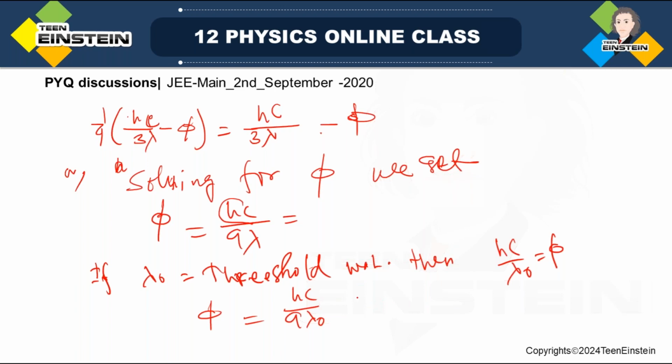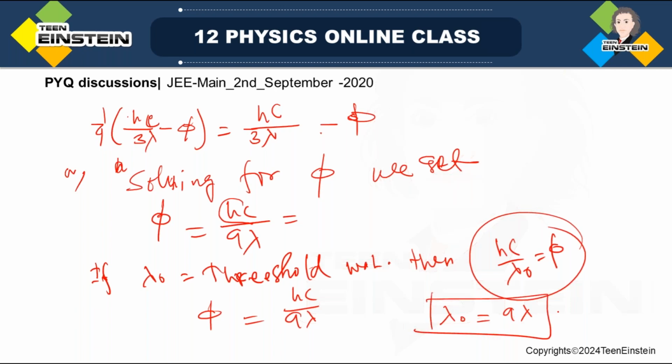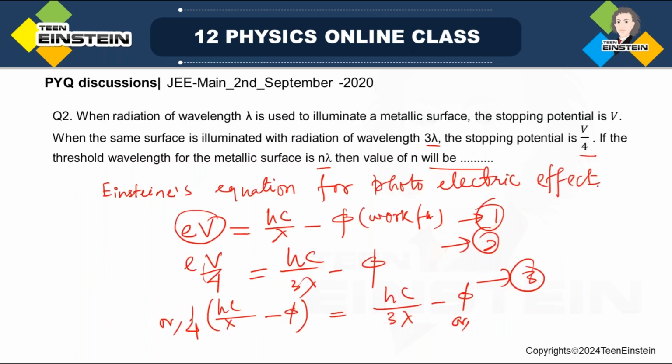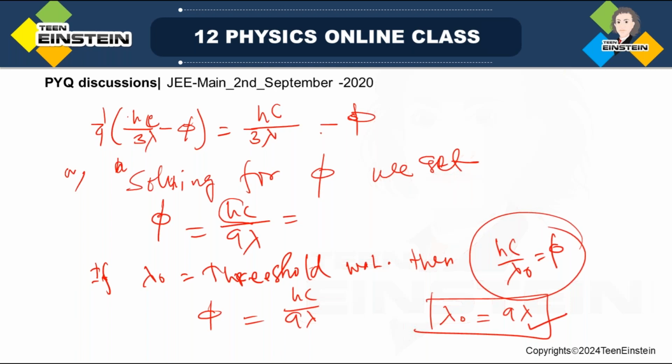If we compare this lambda with this, we will get lambda 0 is equal to 9 lambda. What is the answer then? It is 9 into lambda, so you have to write the integer 9.